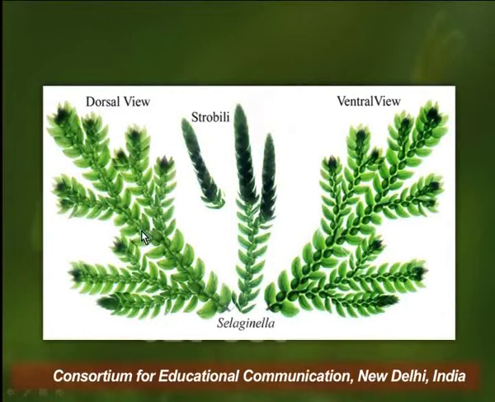Here you can see the main axis of Selaginella in dorsal view and in ventral view. When these leaves bear sporangia, they are termed sporophylls and become compactly arranged, and these compactly arranged sporophylls are termed a strobilus.